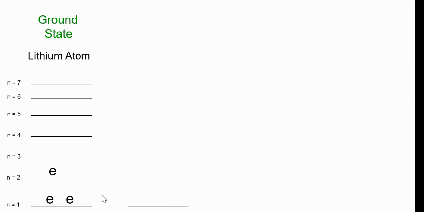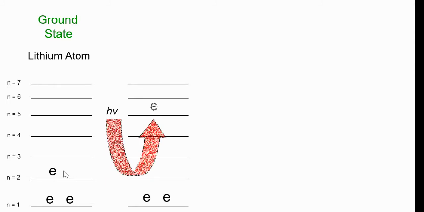Now, what can happen is this electron in the second energy level can absorb energy. So this hν, think of that as energy. It takes that electron and moves it up to a higher energy level. So now this might say, as an electron configuration, 1s2, 5p1.